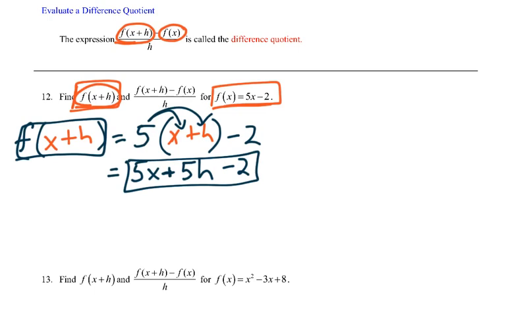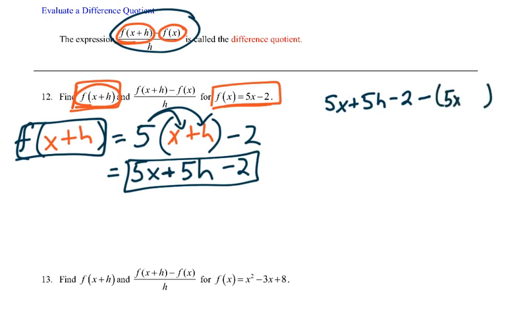So now I'm going to plug in each part into the difference quotient. So I start with f of x plus h, which is 5x plus 5h minus 2. I subtract my f of x, put that in parentheses because the subtraction is for the whole function, not just one part of it. Okay, and then this whole thing is all over h.